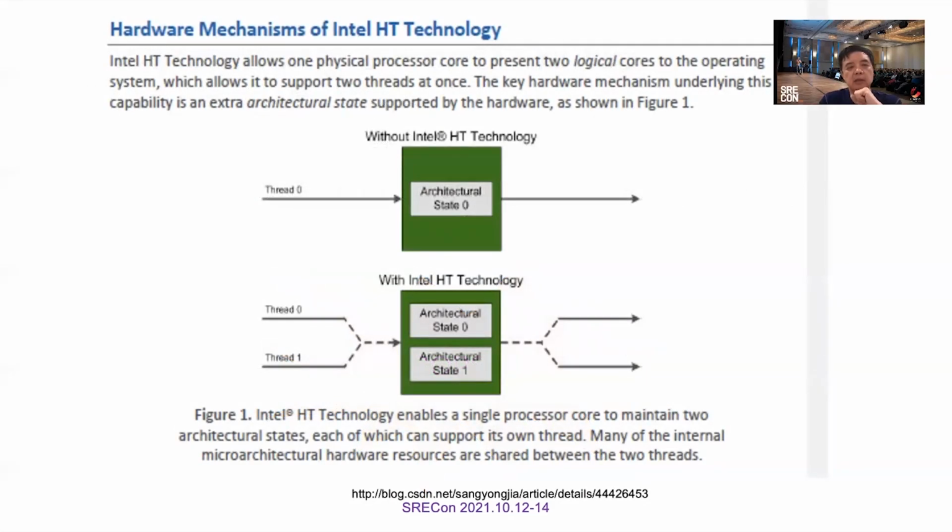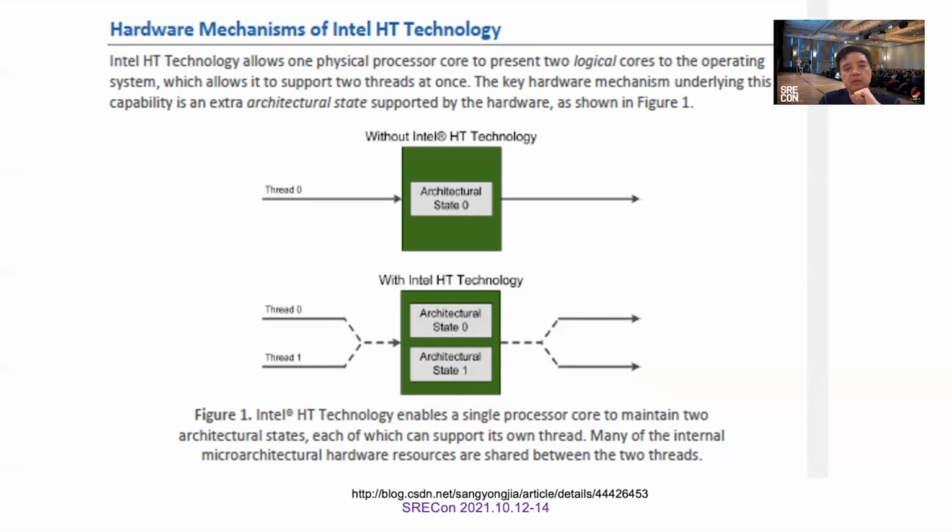Let's take a look at Intel servers. Right now, Intel servers are by far the most popular servers running in the data center. Intel servers have some cool technologies, for example, hyper-threading. Let's talk about what hyper-threading means here.